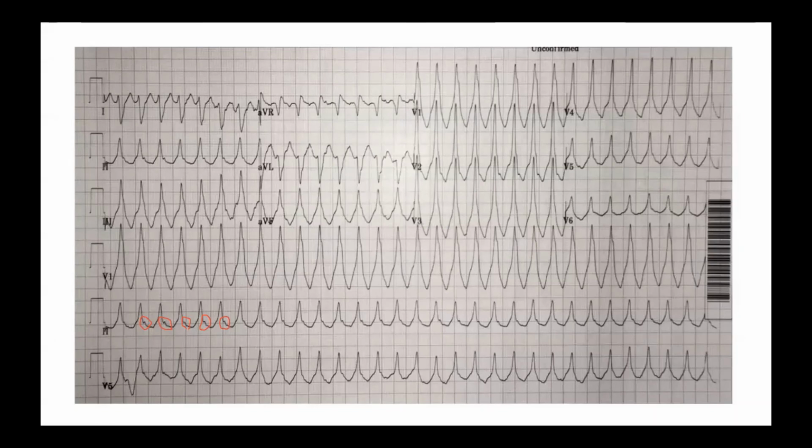Excellent. Antidromic AVRT because it is wide. So it is antidromic. Orthodromic is usually a narrow complex tachycardia. So this is antidromic AVRT. It is a short RP tachycardia. We agreed this is SVT with aberrancy.